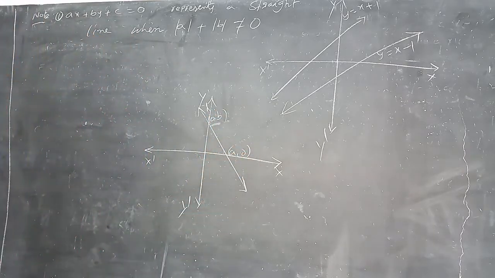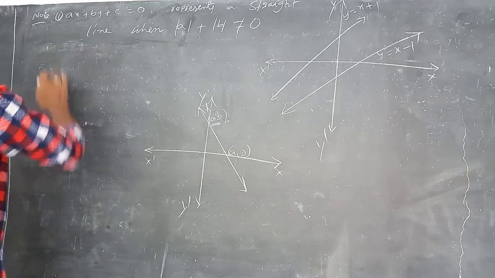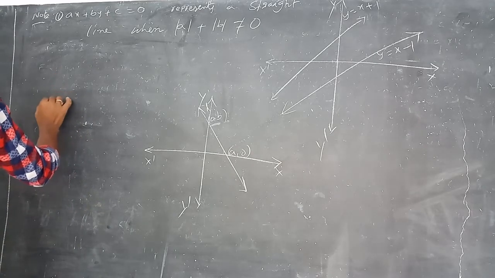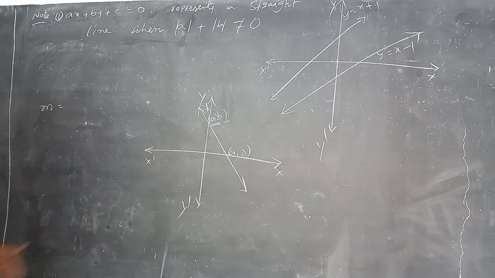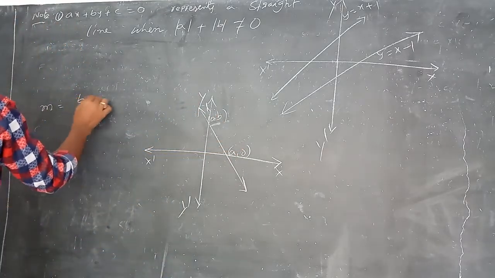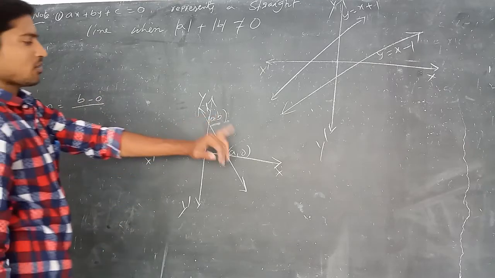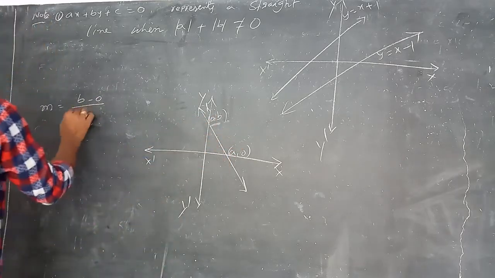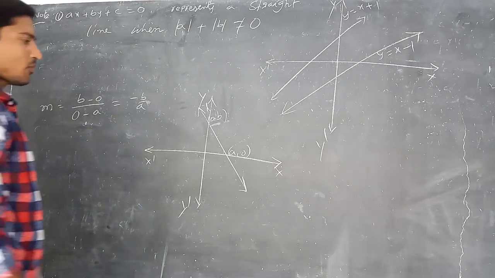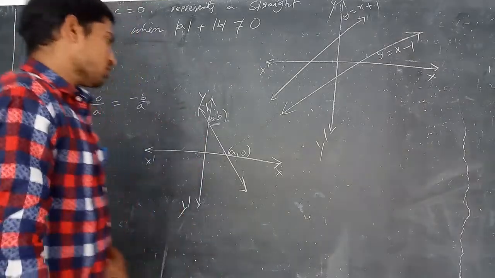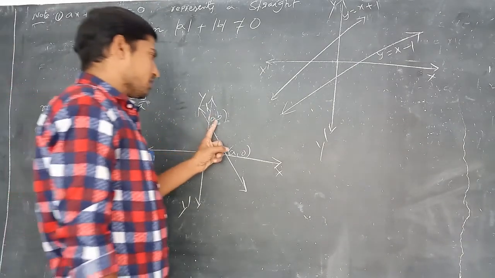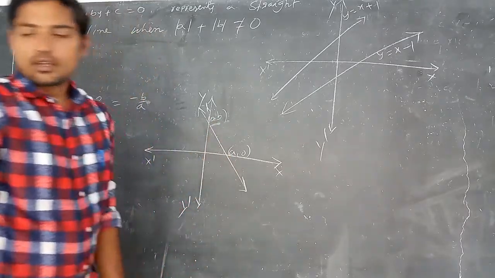Then slope m equals y2 minus y1 by x2 minus x1, which is b minus 0 by 0 minus a, equal to minus b by a. Minus b by a is the slope of a line when the y-intercept is b and the x-intercept is a.